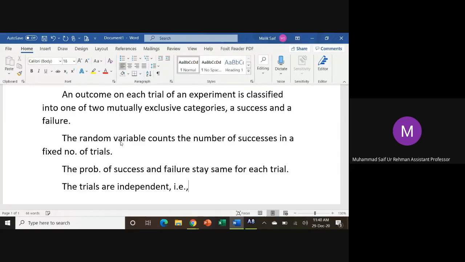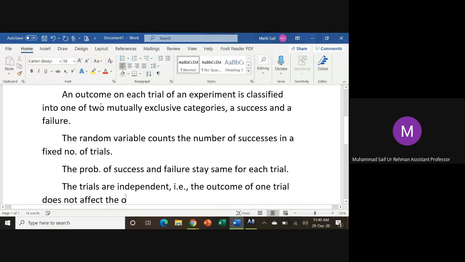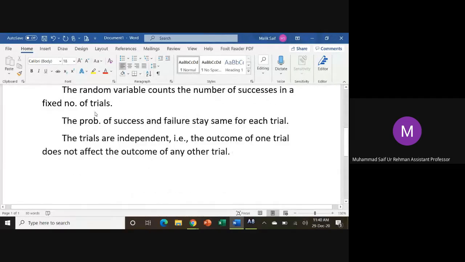That is, the outcome of one trial does not affect the outcome of any other trial. So these are the characteristics of the binomial probability distribution.